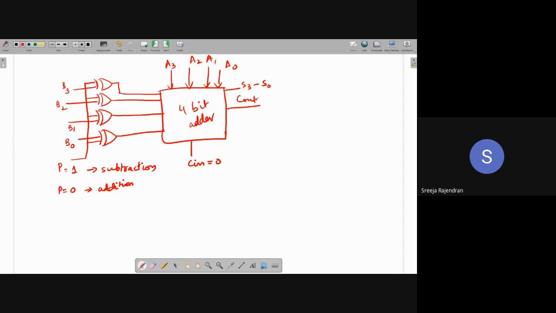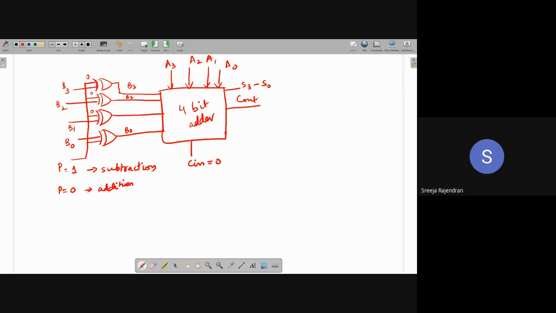Because there is no complementing happening. The XOR gate, if this is equal to 0, means each of the inputs are 0, so B3 will come. This will be B3, this will be B2, this will be B0 and so on. So I get the same inputs. Now I add them and I get the sum. So I am getting the addition output.